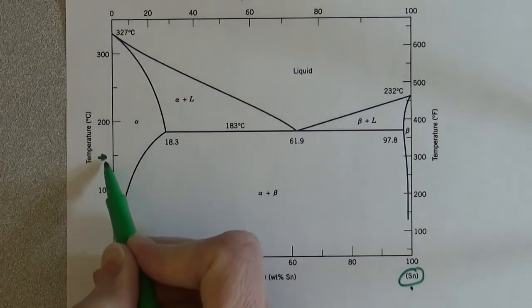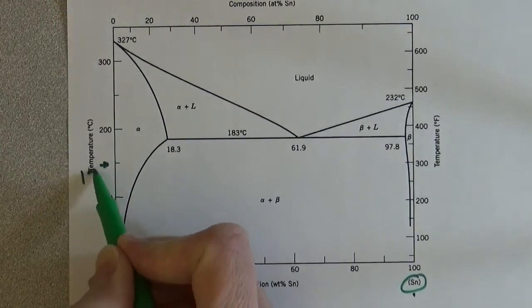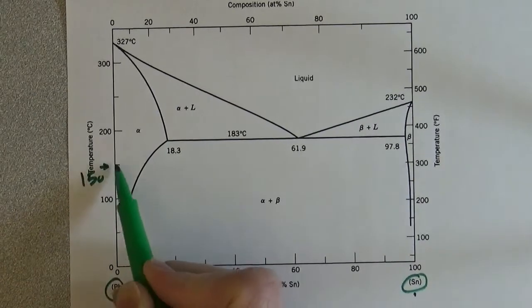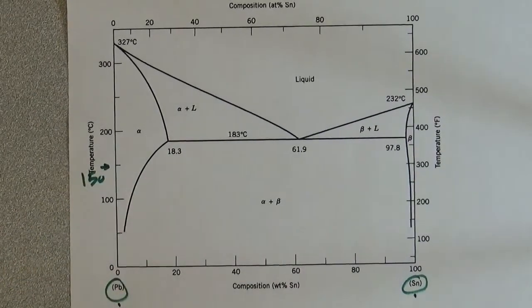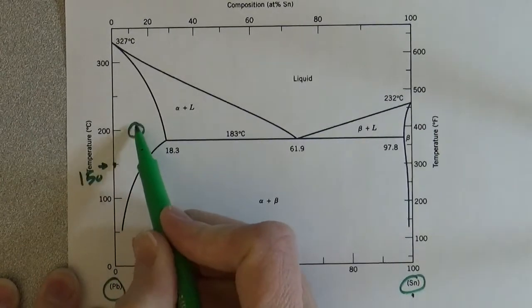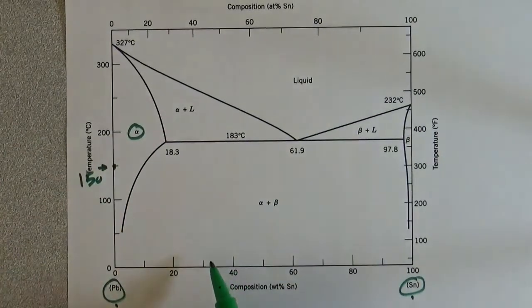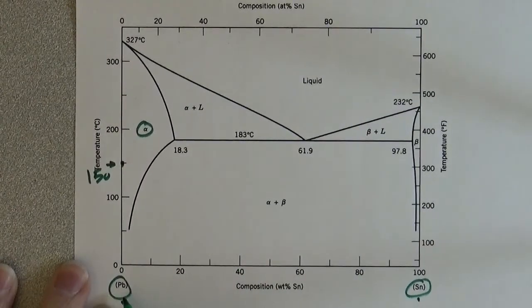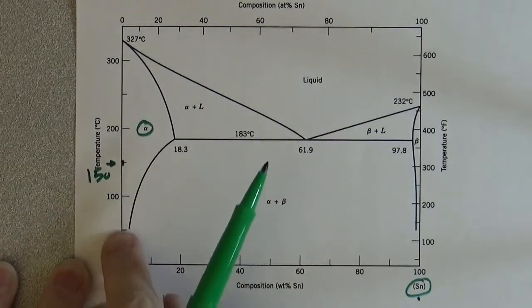150 degrees C? So that'd be 150. Well, if we start out as pure lead, we form an alpha phase, and that alpha phase is the lead crystal structure and has the lead lattice parameters and everything that makes it pure lead.